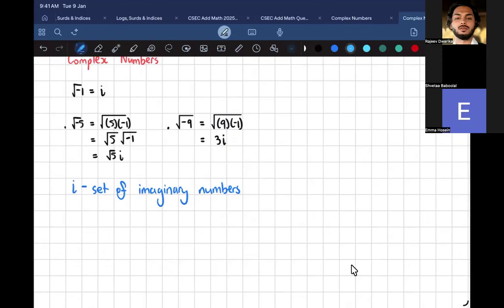Okay. So i is a set of imaginary numbers. A complex number is made up of a real part and an imaginary part.